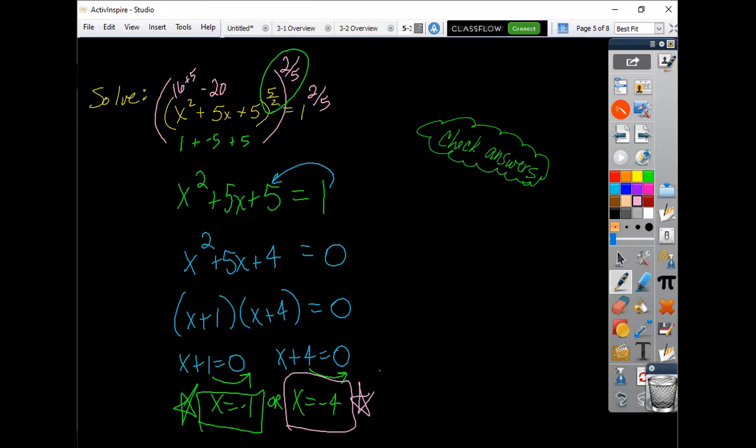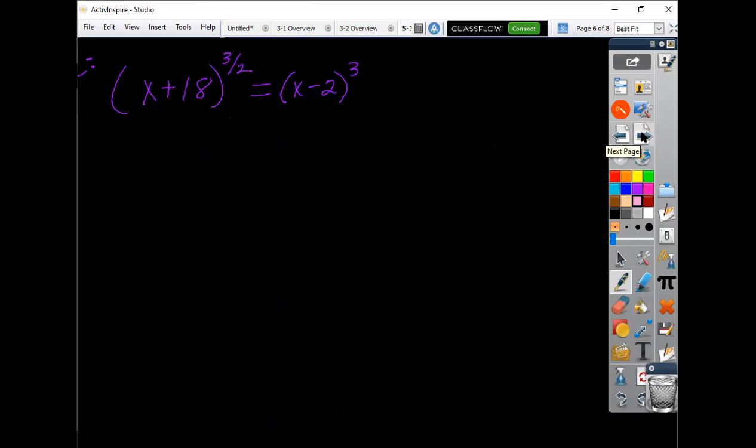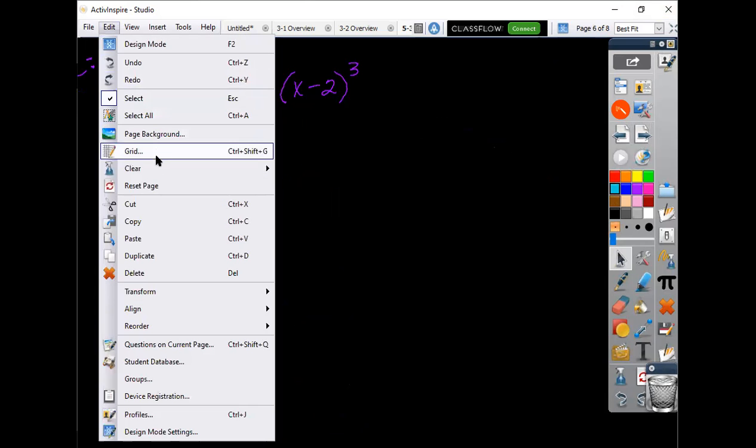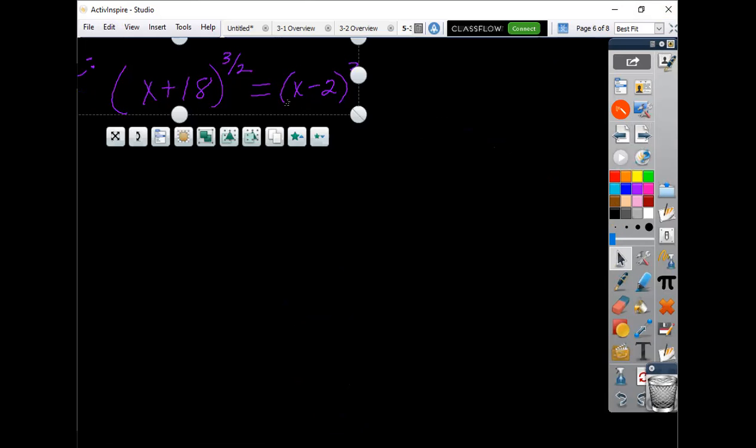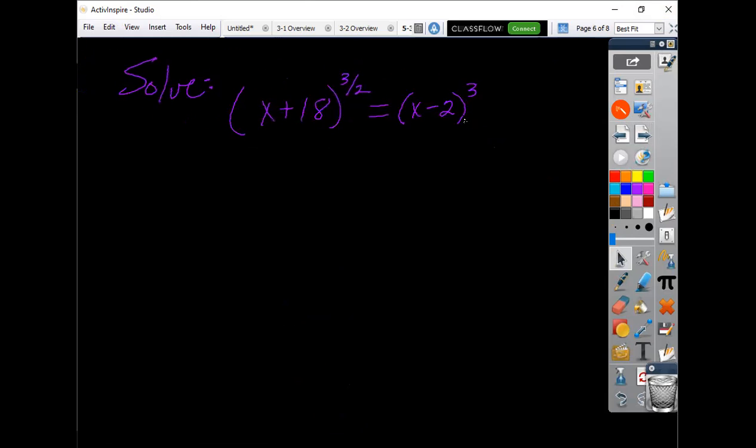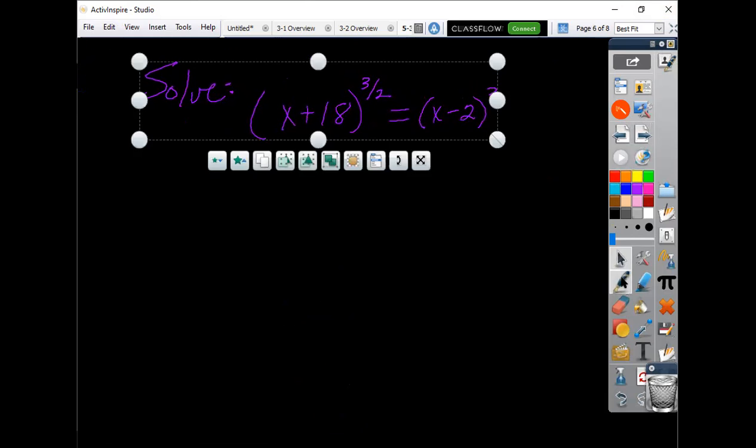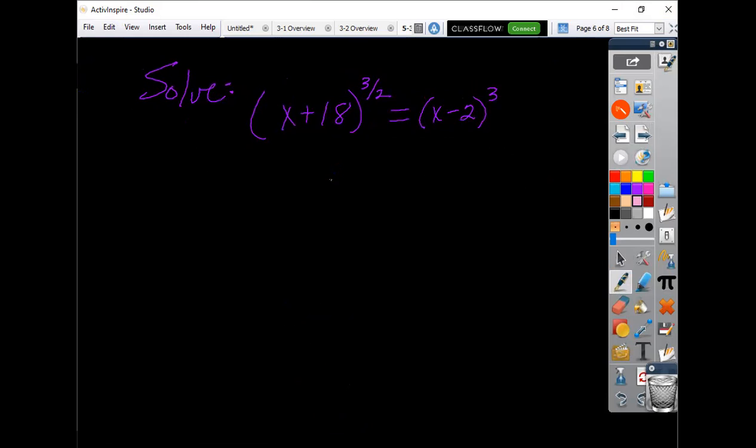Let's see. How about we've got a cubed on one side and a 3/2 power on the other side on this one. And so what are we going to have to do to solve there?